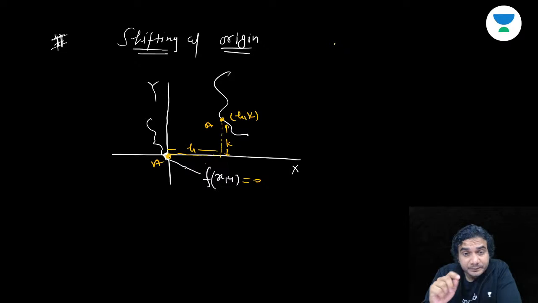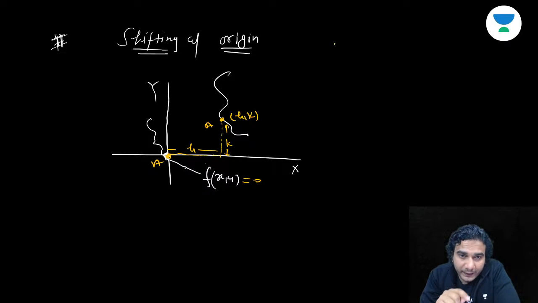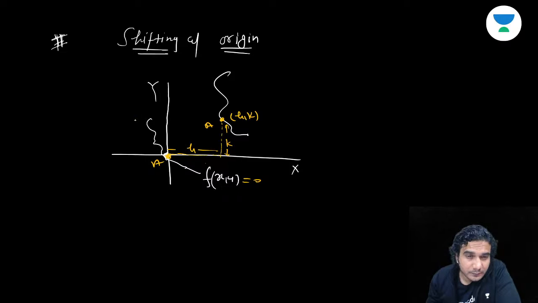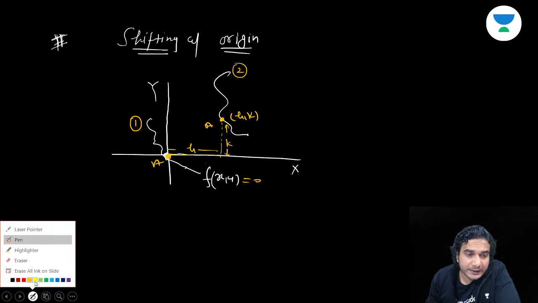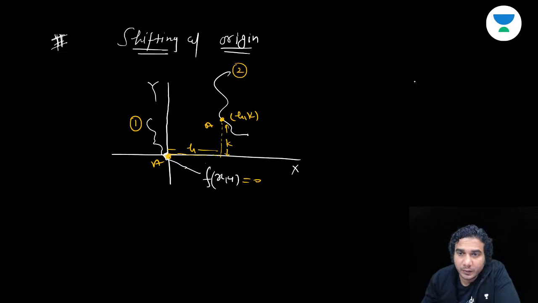That means this process can be done in two ways. I mean, this is curve number 1 and this is curve number 2. Okay. This process can be done in two ways. One, by shifting the curve, and second, by shifting the origin. See how can we do this by shifting the origin. So this was the curve.